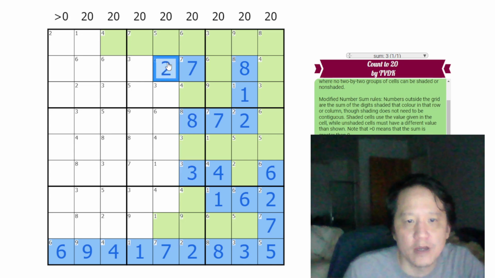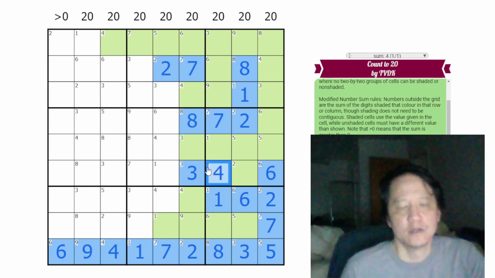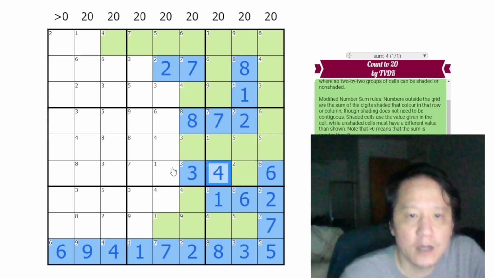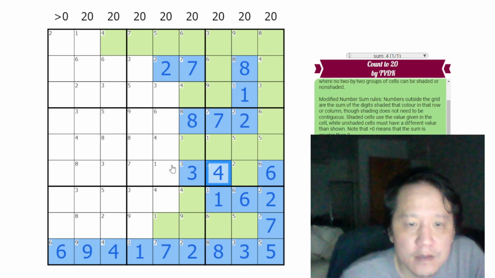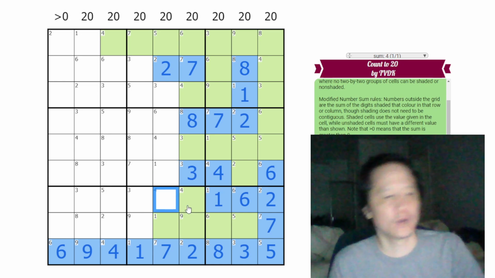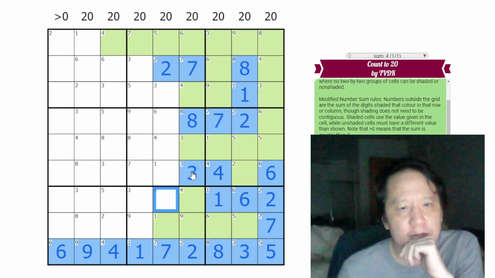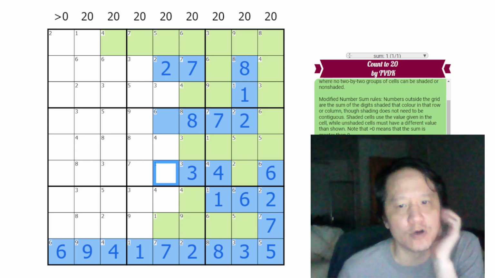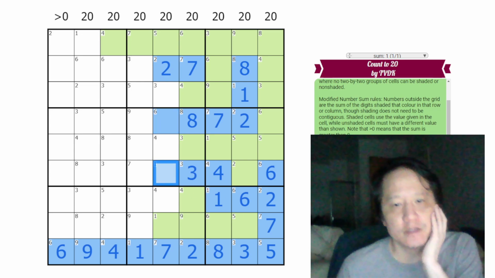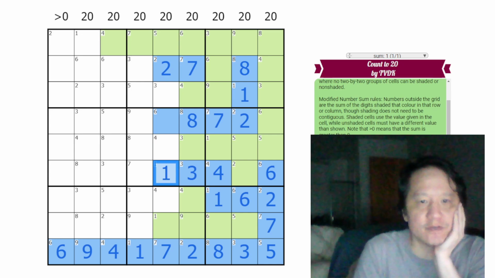Okay, now we have 2 and 7, so that's 9, and we have to have 11 add up to it. I think 11, and we have possibilities of 1, 3, 4, and 6, right? The 3 cannot, it has to be 1, 4, and 6. So both of these 6 and the 1 have to be shaded, and they have to be 1 and 6 respectively.